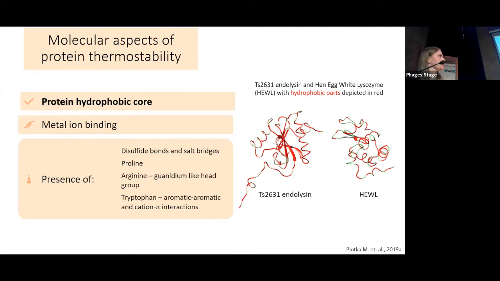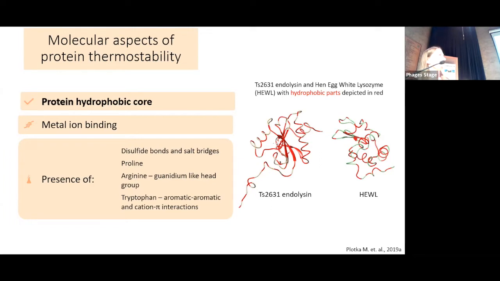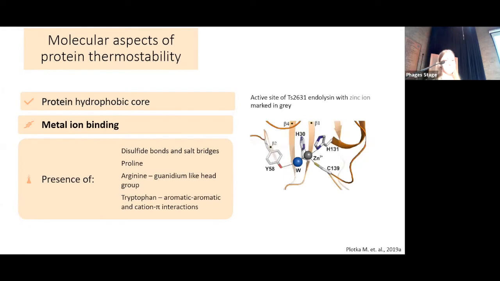And here we can see an example of a thermophilic endolysin, and on the right, the mesophilic one, and hydrophobic parts are depicted in red. Second of all, it's metal ion binding that actually works only at higher temperatures. And here we can see the active center that is coordinated by a zinc ion.